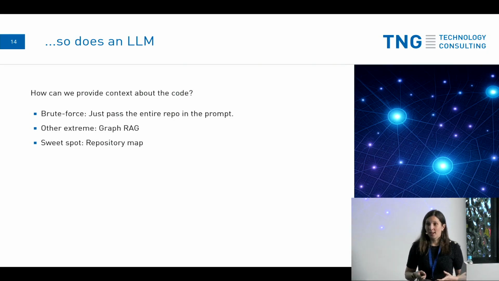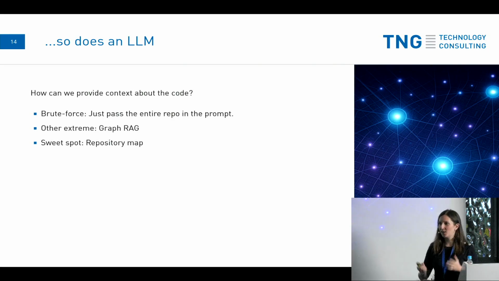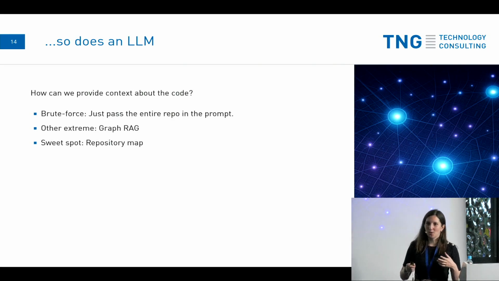So how do we provide the information about the rest of the code? Well, one option would be brute force. Let's just give the whole repository to the LLM with each request. So you can do it, provided your repository is actually small enough, because every LLM has an input size limit. So if you try and give it too much, then it basically refuses the request.